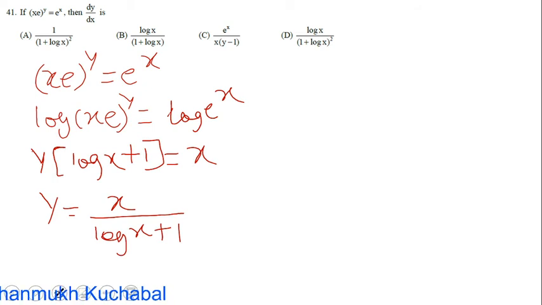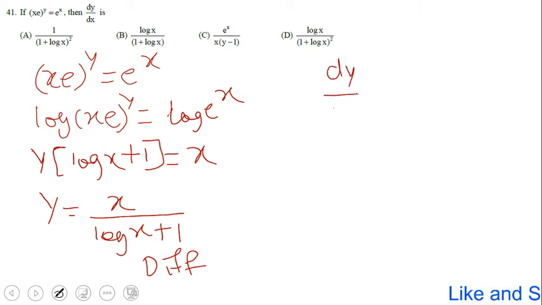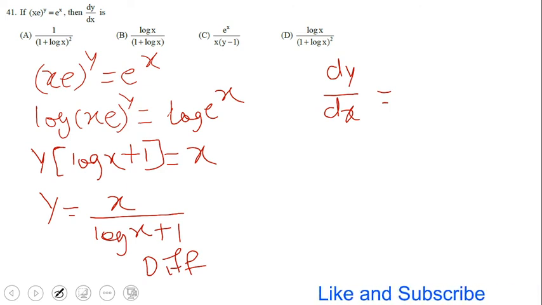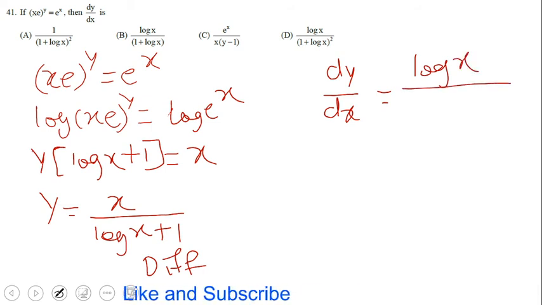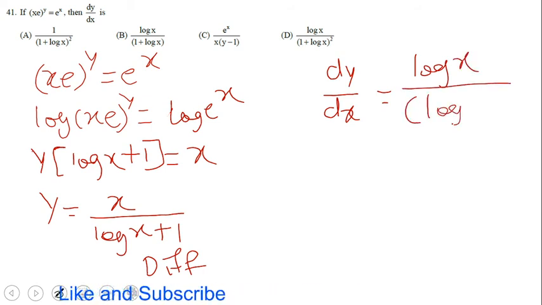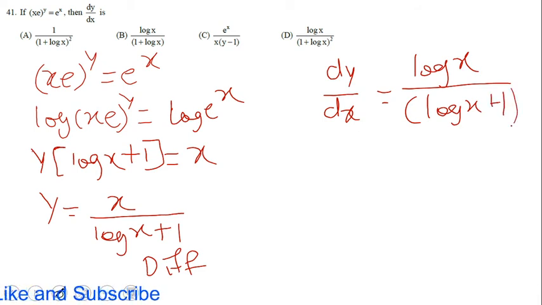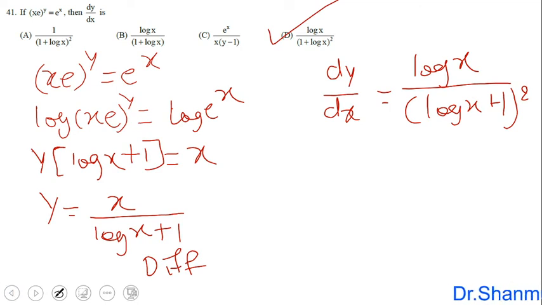Then further we will differentiate this expression here. Y differentiation we get as dy by dx. Apply the quotient rule u by v. So we get the differentiation as log x divided by log x plus 1 whole square here. So this is the required differentiation. So clearly option D is the right answer here.